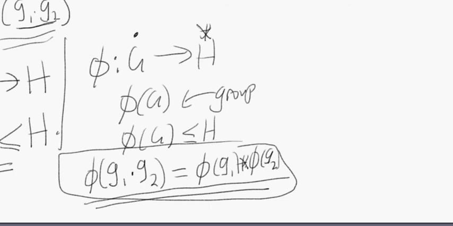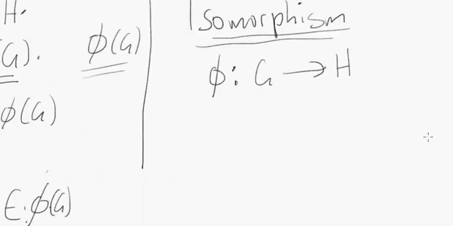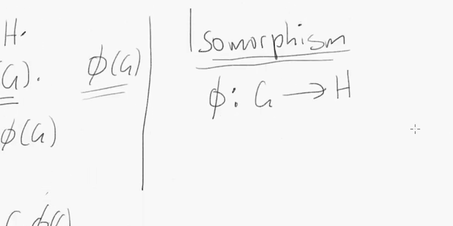But we said before that if phi from G to H is a homomorphism, it doesn't necessarily mean that it's a surjective map, that it's onto. It's possible that there are certain elements of H that phi of G, the image, never hits.